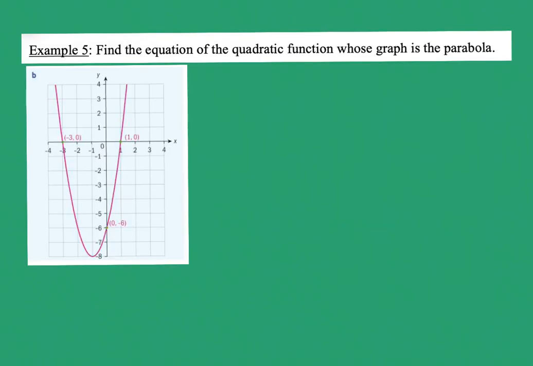In example 5, we have to find the equation of the quadratic function whose graph is a parabola. In this case, you can see that the intercepts are given to you.